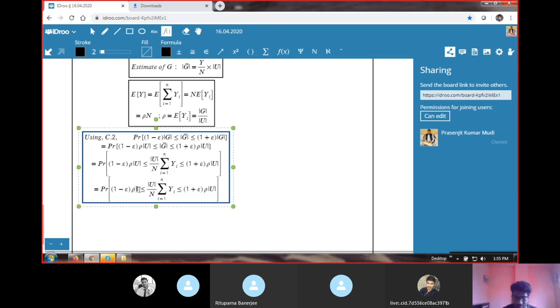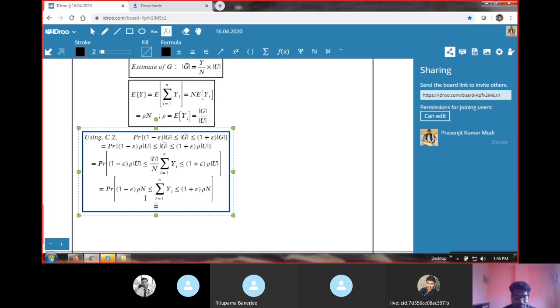So next, in the next line, see this right hand inequality: less than or equal to 1 plus epsilon rho n.